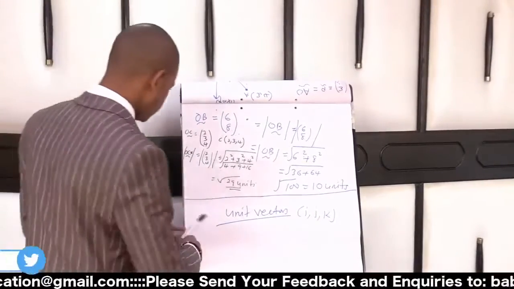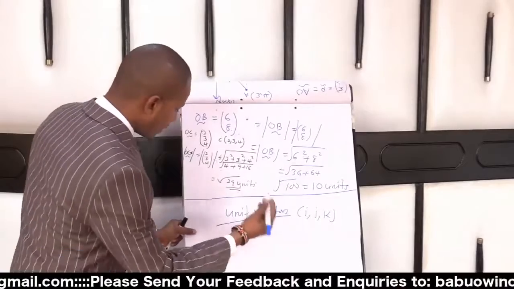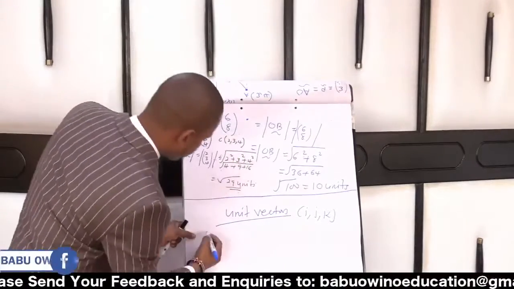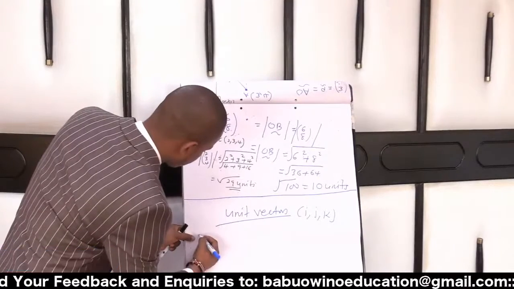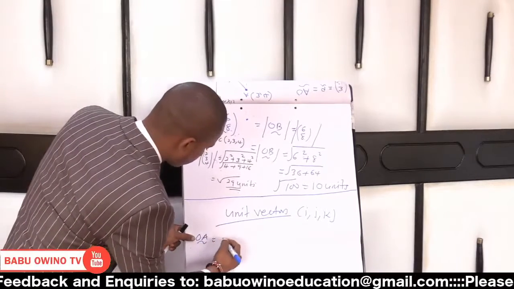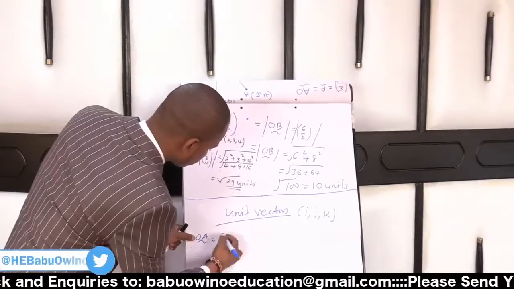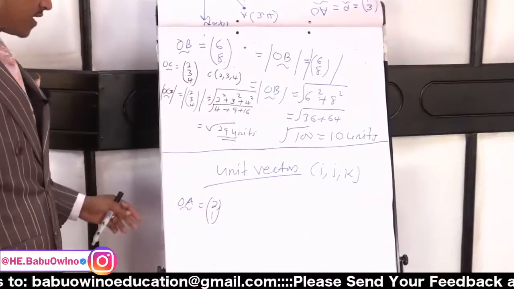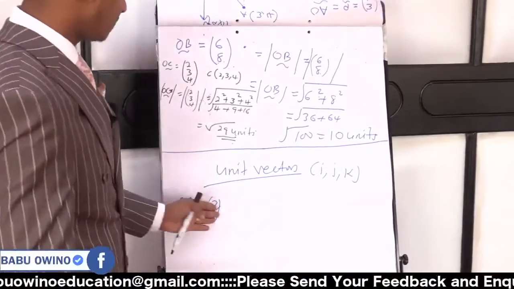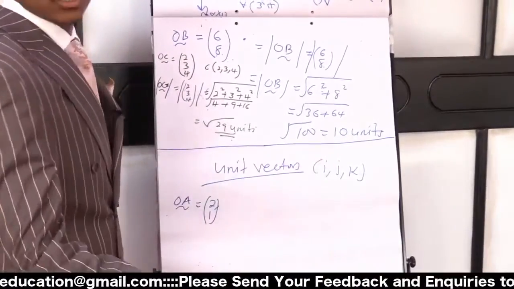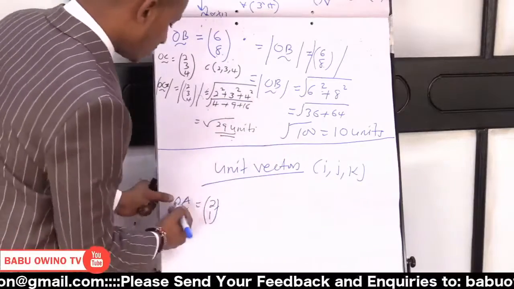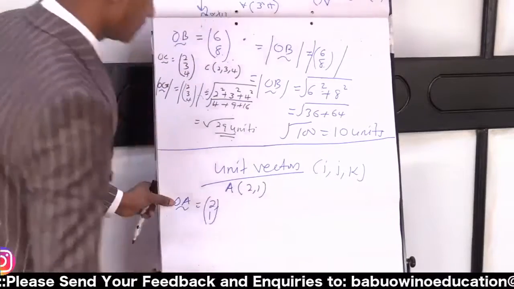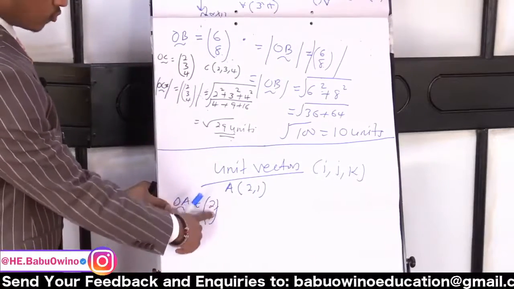So here, when you are given vectors, if you have a vector OA which is (2, 1), and you are told to write this vector in the form of i, j, and k, or in the form of i and j. We start with 2 dimensions, then go to 3 dimensions. This OA means that the point A has coordinates of 2, 1, and the column vector is (2, 1).